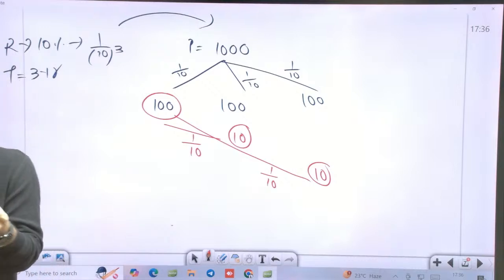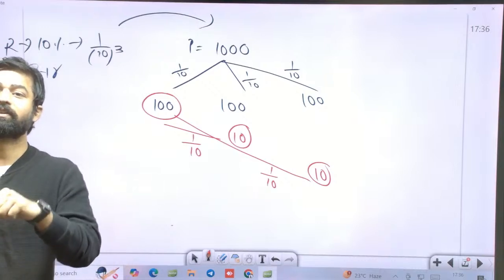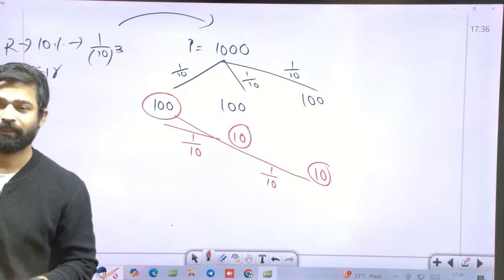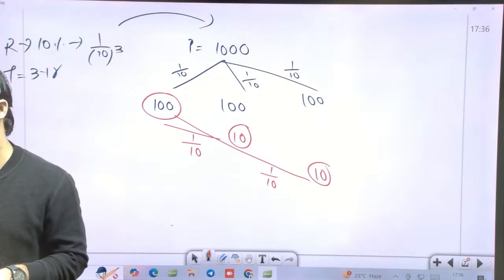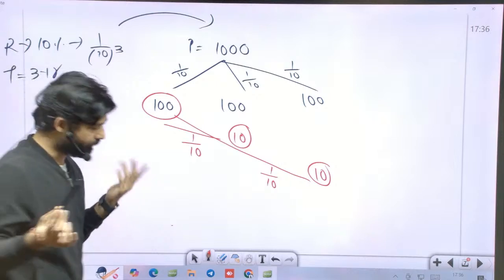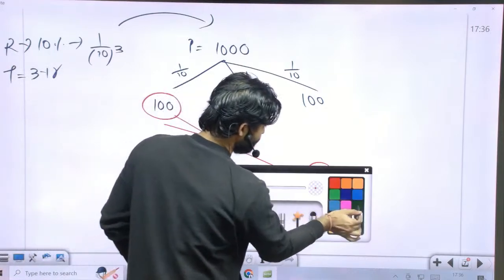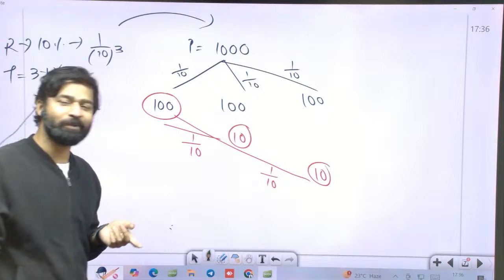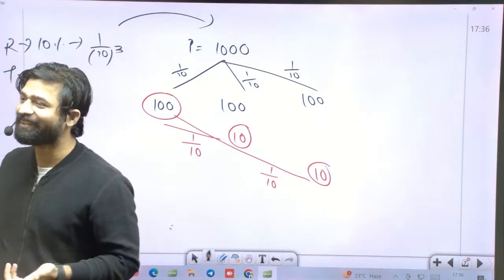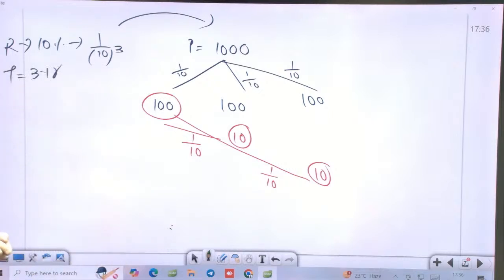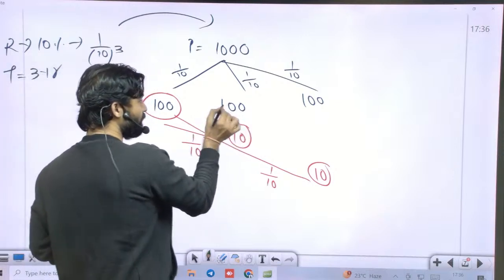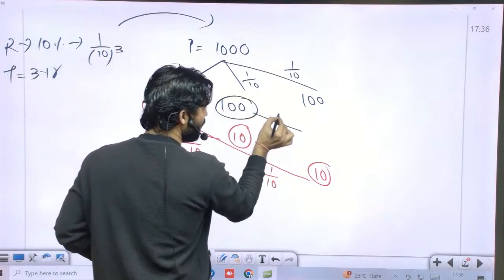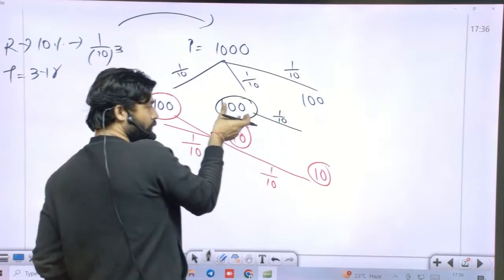I mean, that's why it is compound interest. The money is compounding. It's not simple. Okay, let's collect. It's all about money. We have to collect extra money. Let's collect now. So at the end of the second year, we have to collect 1 by 10 part of it.